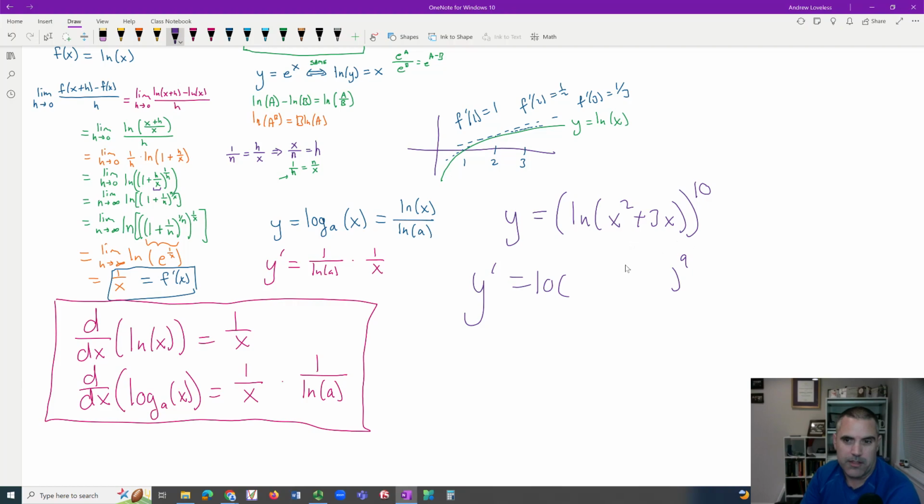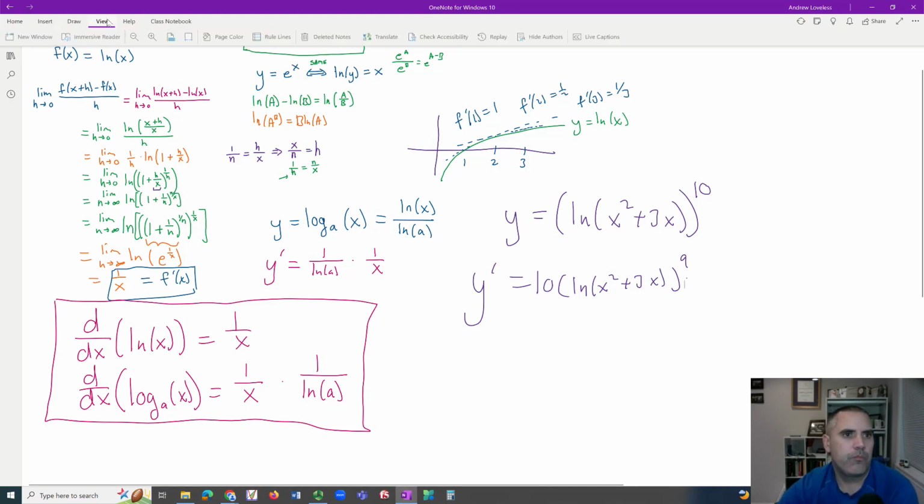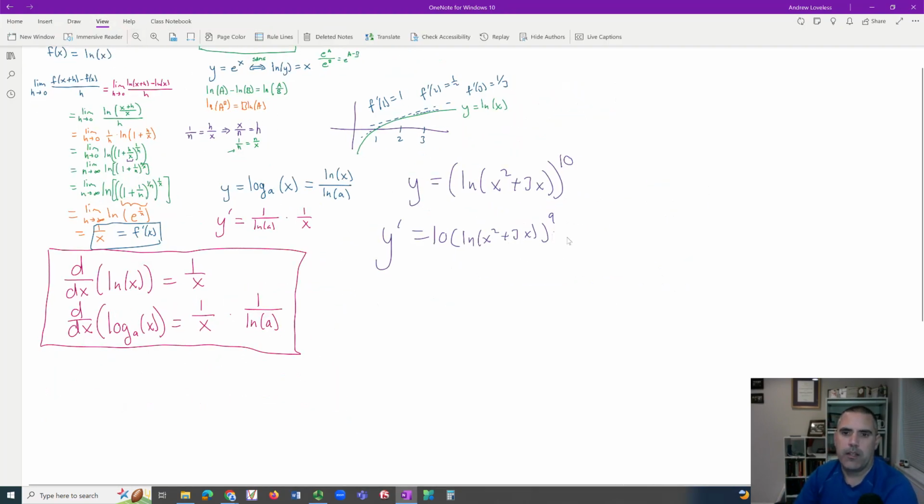Then you take the derivative of the inside. But first, you got to leave this alone. Times the derivative of the inside, which is 1 over x squared plus 3x. And then times the derivative of the inside of that, which is 2x plus 3.